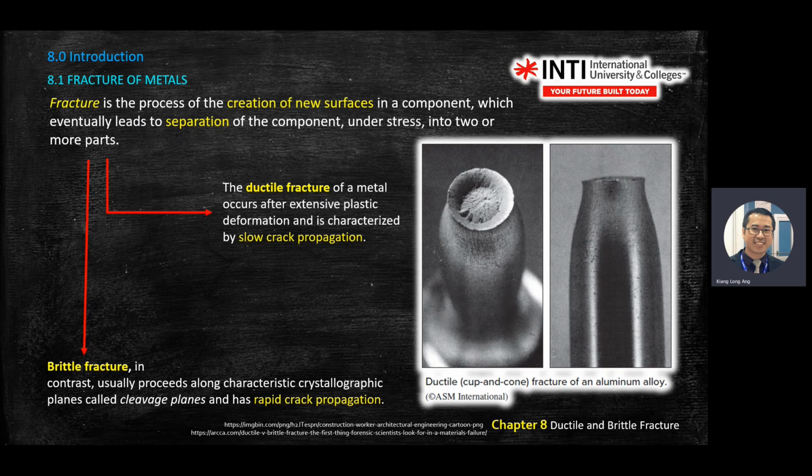So let's say I draw something on the whiteboard here. You're creating these two more areas, which means in your equation you have to add two more areas here. Right? Of course this area is small, because when you pull the metal, it becomes smaller and smaller. So this is the meaning of fracture.